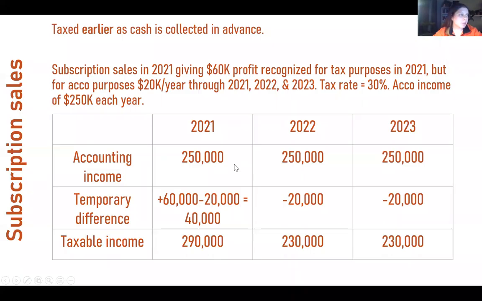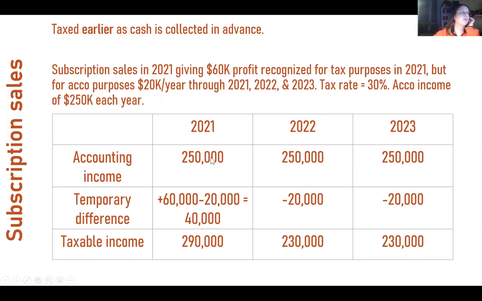All right, for subscription sales, it's taxed earlier as cash is collected in advance. So subscription sales in 2021 gave $60,000 in profit recognized for tax purposes in 2021. But for accounting purposes, you only recognize $20,000 per year through 2021, 2022, and 2023. Same tax rate, same accounting income.